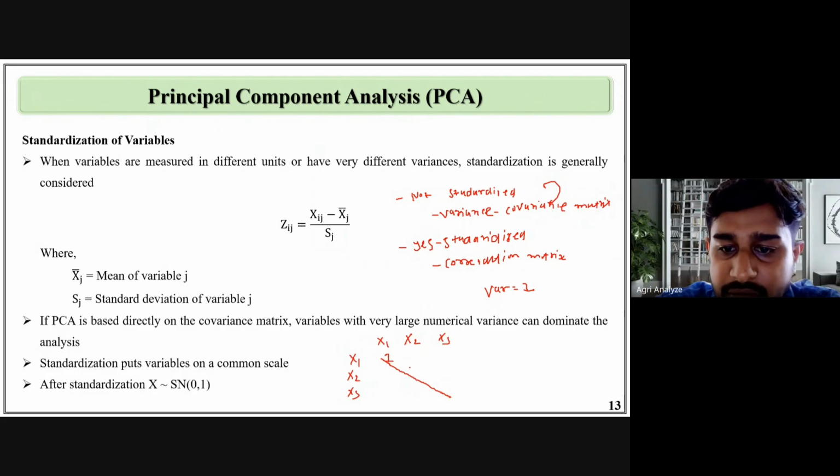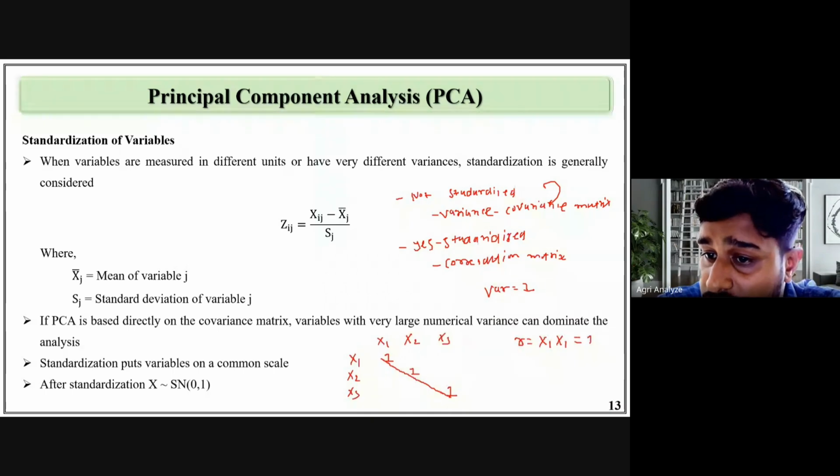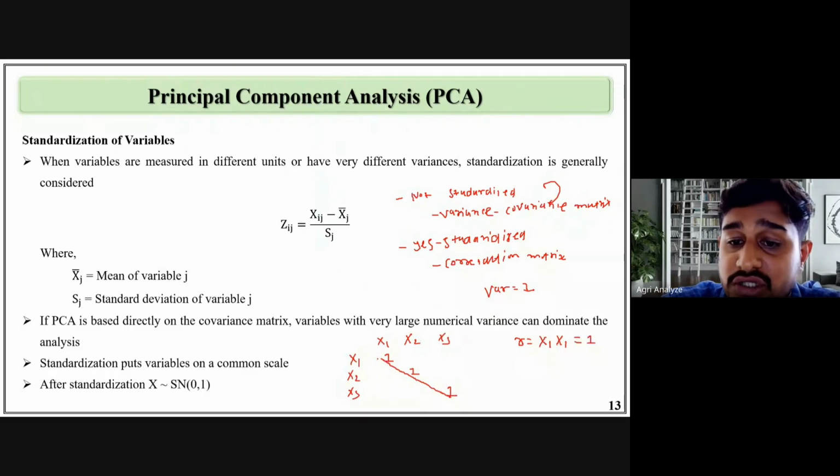So the diagonal element shows the variance of the original variable, and it is 1. Also, the correlation between x1 and x1 is also 1. So that's why the diagonal elements of the correlation matrix, after standardizing our data, show the correlation between x1 and x1 is 1, x2 and x2 is 1, x3 and x3 is 1.